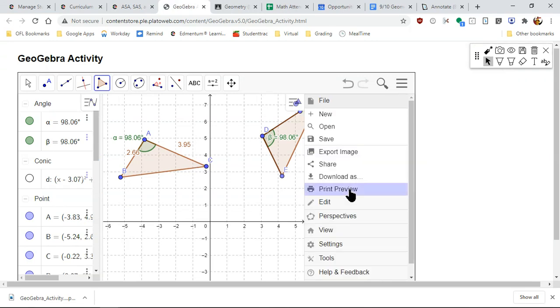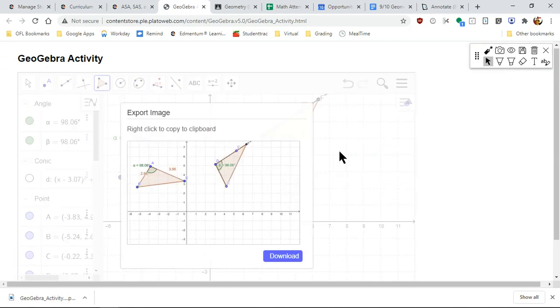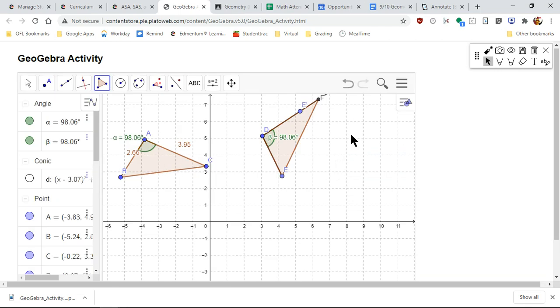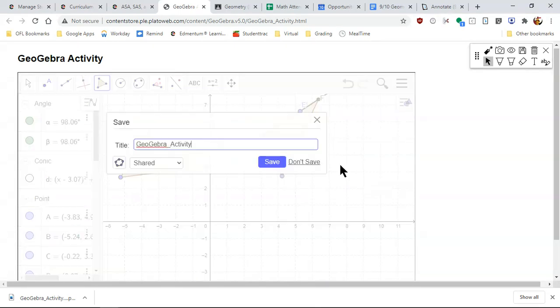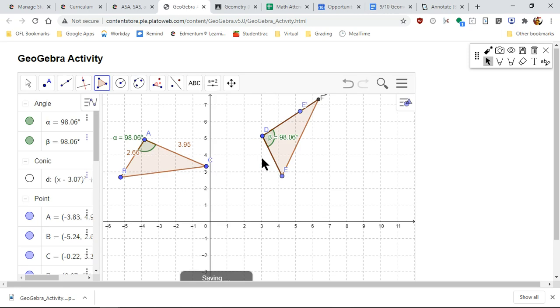So now I want to export my image. Share first. Share. It's going to be question 2. Name or whatever. Copy it. After it saves.